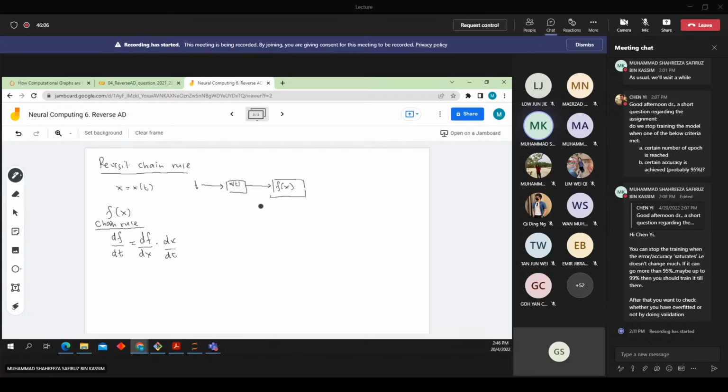But then if you have multivariable chain rules, I'll just draw this here.